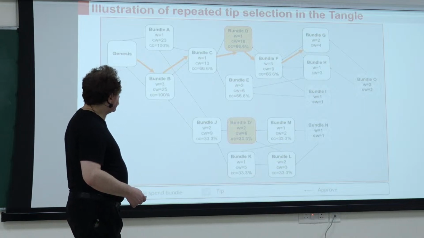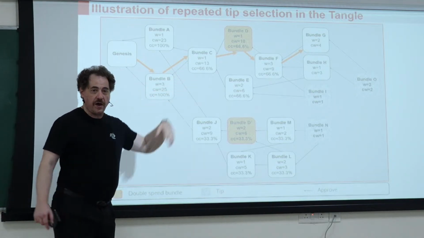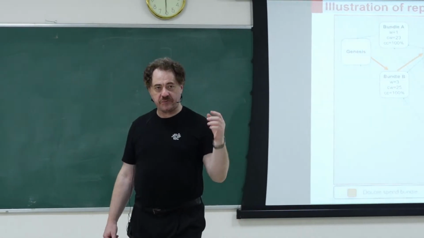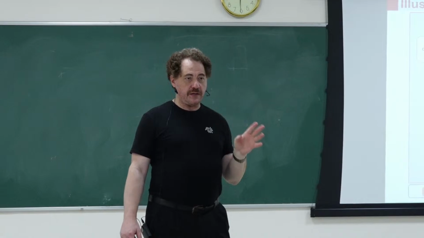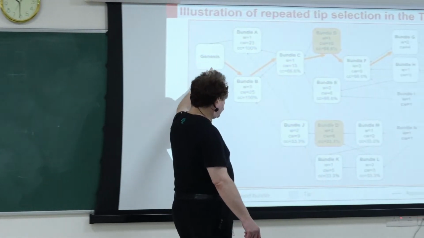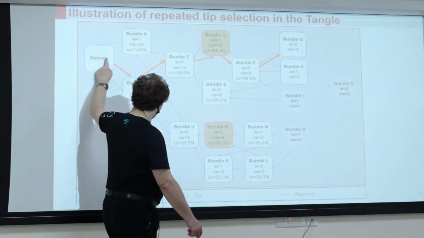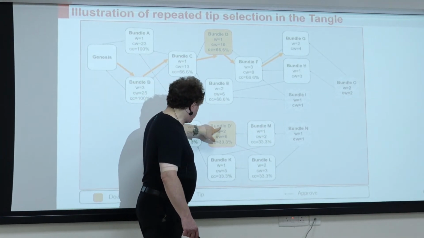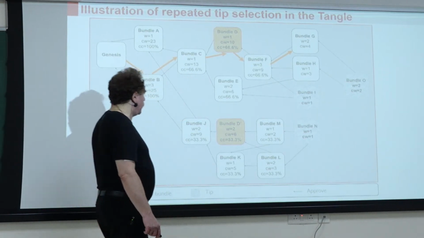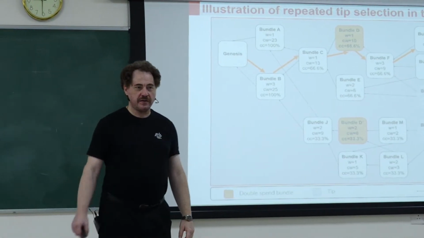Now, this is how I find one path and one tip. I repeat this process twice, and then I check the correctness. And if it happens that on the second time I will go this way and hit bundle D prime, at this point I detect double spending.